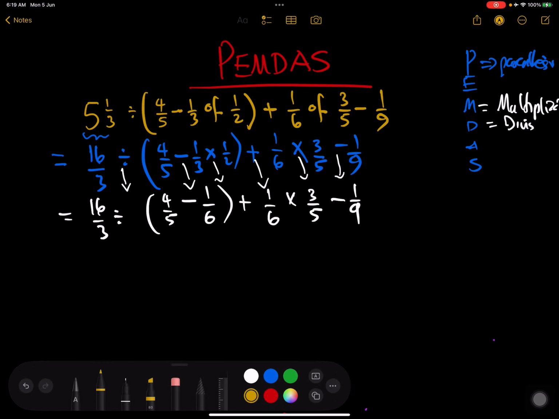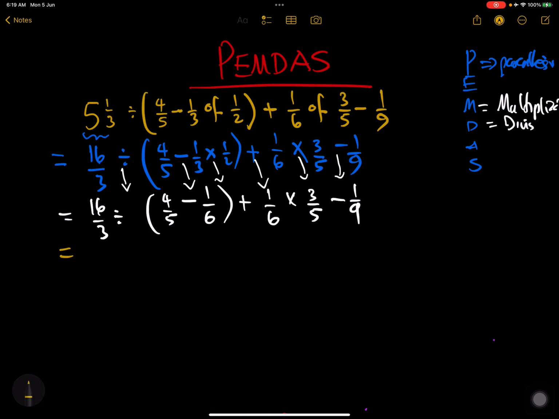Sorry about that. The next thing, we have to complete the one in the parentheses. How do we do that? It's 16 over 3 divided by, the parentheses is what? Subtraction of fractions. The denominators multiply the numerators, and whatever you get, you take one off the other.